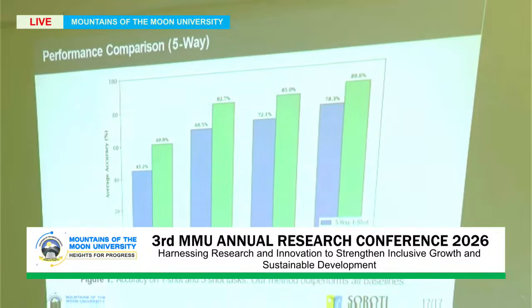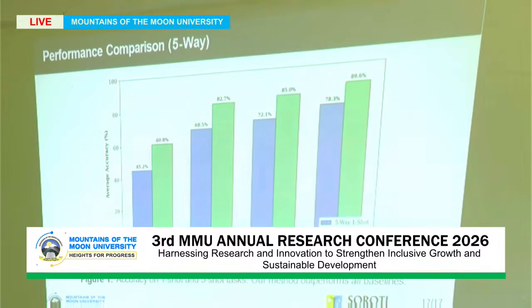If I look at the 5-way 1-shot learning and 5-way 5-shot learning, which are in blue and green respectively, you'll see our Siamese network gave us accuracy rates of 89.6% compared to the 85, 82, and 60 for the comparative models. That was for the 5-shot learning procedures.